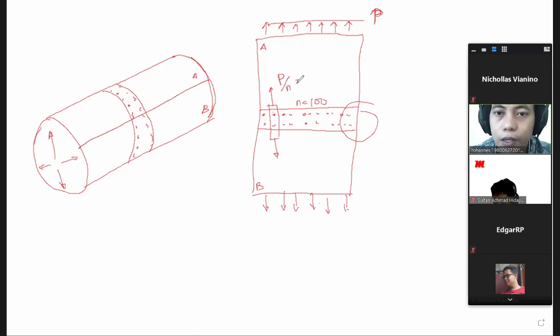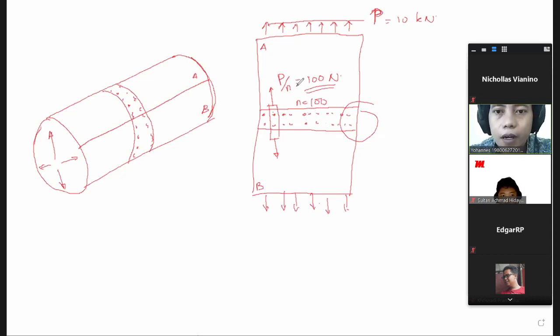So for example, here we have 10 kilonewton, then here we have 100 newton after dividing by 100 rivets. So each rivet, each part of this joint, receives only 100 newton.